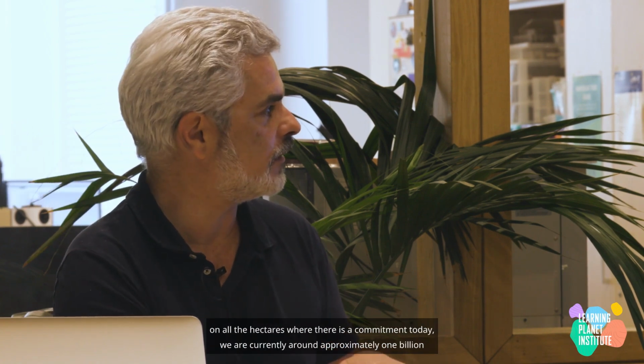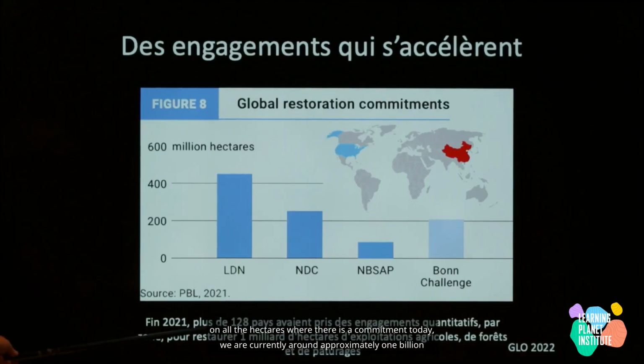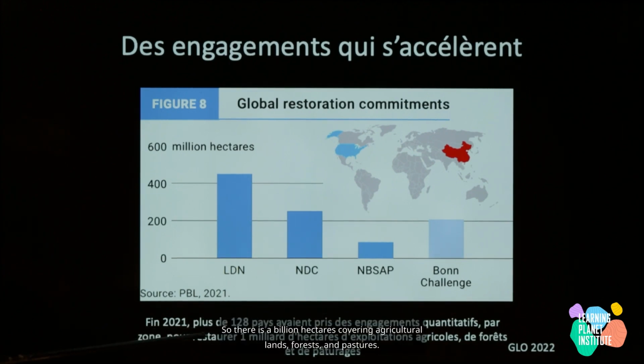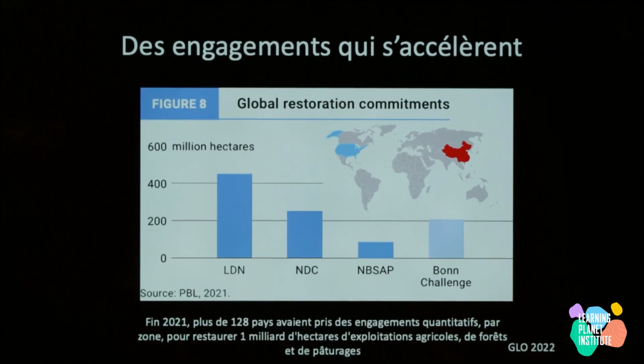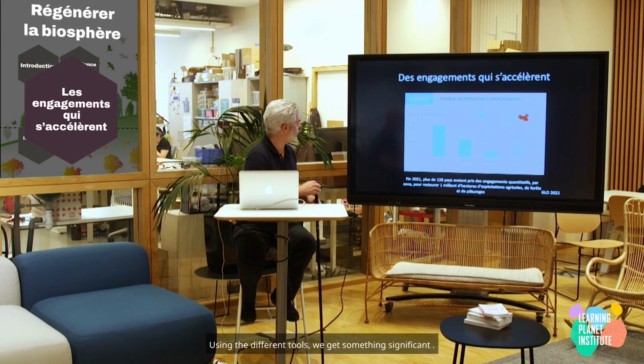On all the hectares where there is a commitment today, we are currently around approximately 1 billion hectares. 1 billion hectares in total, okay? So it's absolutely gigantic. So there is 1 billion hectares covering agricultural lands, forests, and pastures. While the Bonn Challenge is solely about trees, other initiatives vary in focus. Using the different tools, we get something significant.